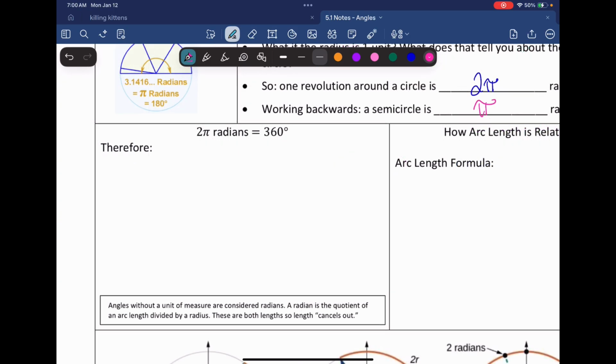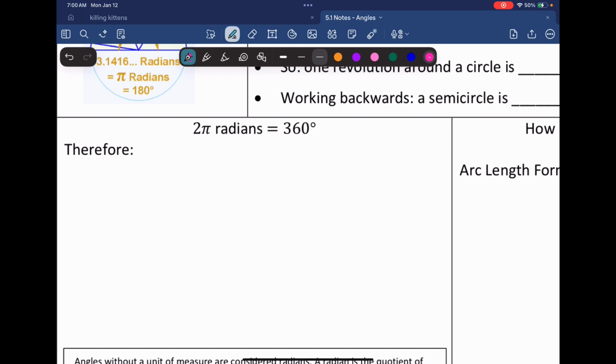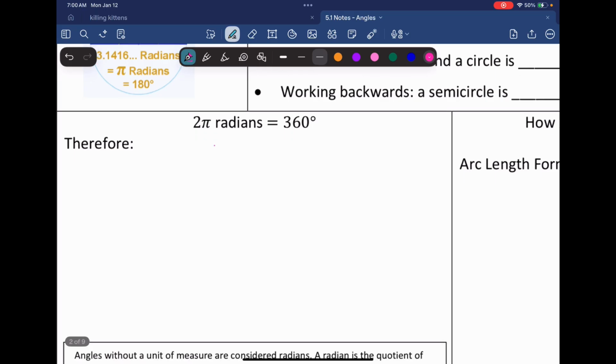So therefore, that means 2 pi radians equals 360 degrees. So we're going to attempt to find the measure of a radian in degrees. I'm basically solving for radian. I want 1 radian, not 2 pi.